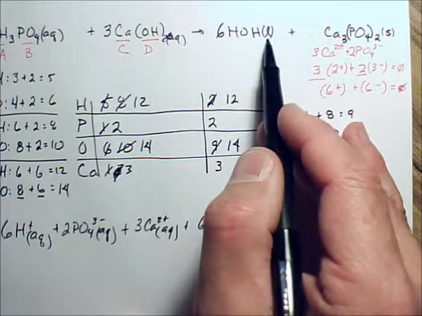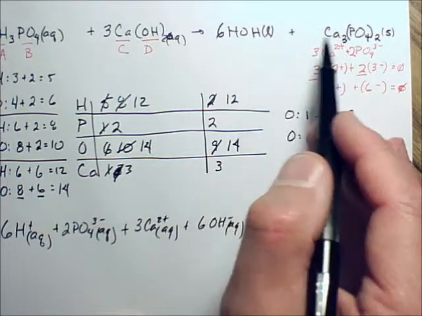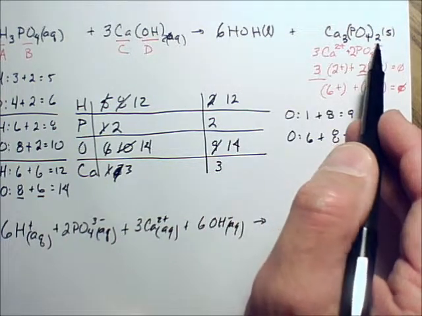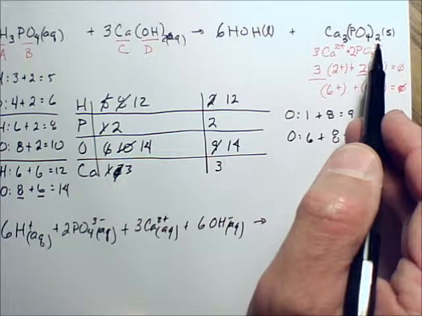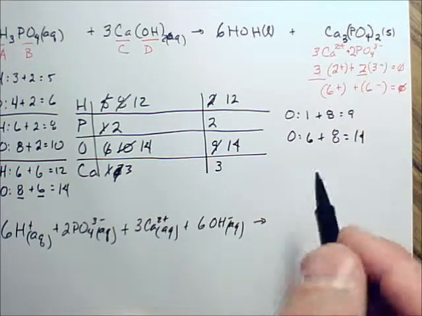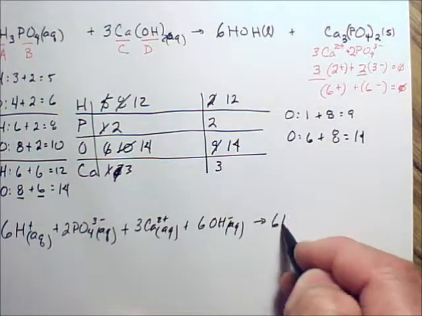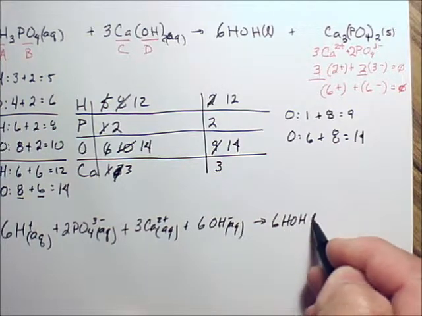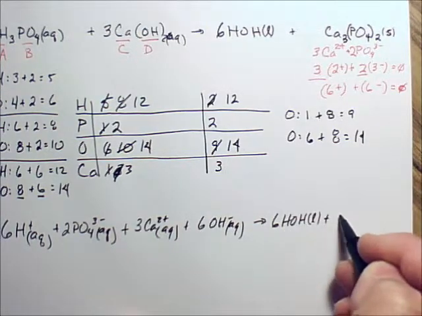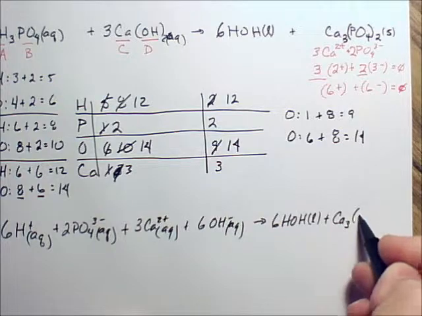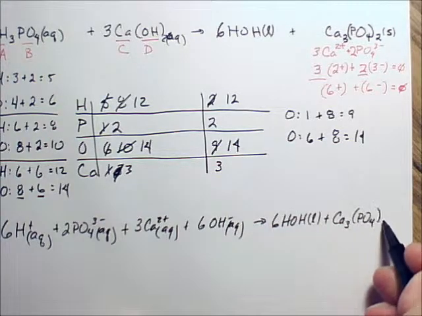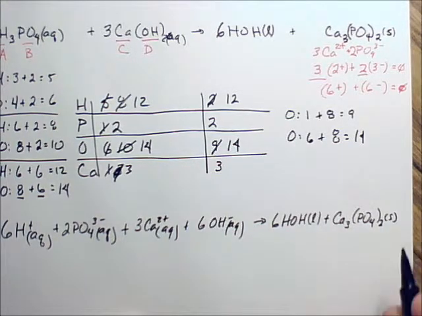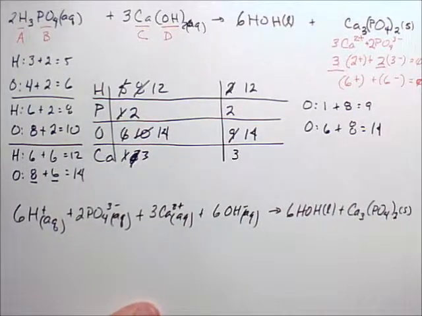This is not aqueous. This is not aqueous. They can't break up. Okay? So we just simply write those exactly the way they appear. Okay? And there's a complete ionic equation.